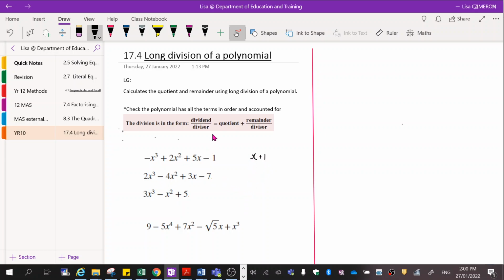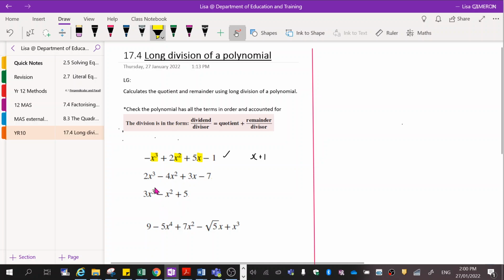But what we're looking for is that the terms are ordered, meaning that your x's and the powers above them are all in order. So here you can see I've got x cubed, x squared, and x. This one does have them all in order, and they have all been accounted for. So this one would be ready for us to start doing long division of a polynomial with.